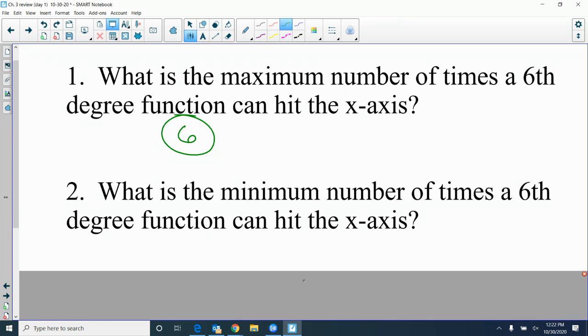Minimum number. Never mind, I said 2. You said 2. I'm gonna say lower. 0. Yes, sir. 0.